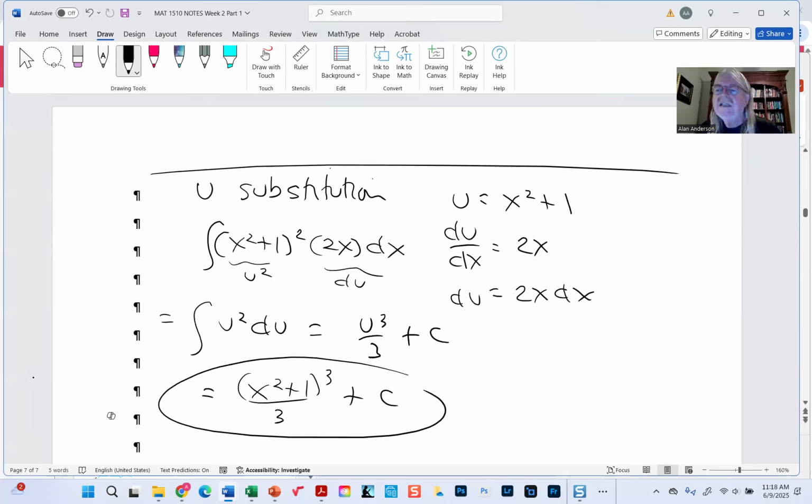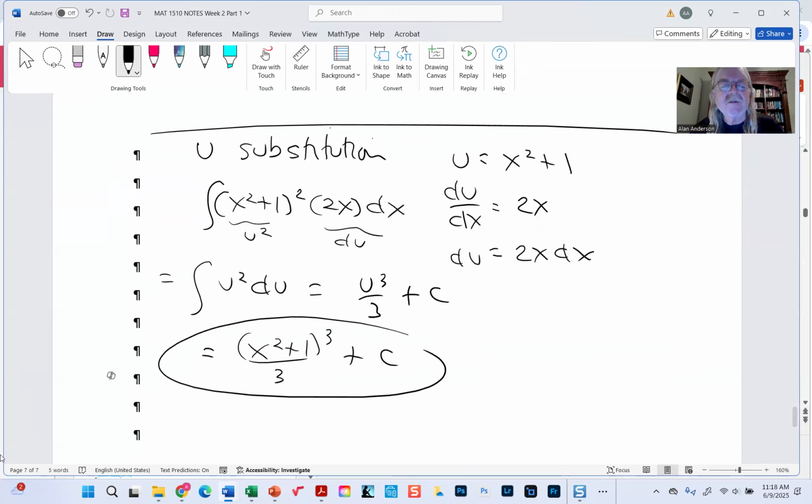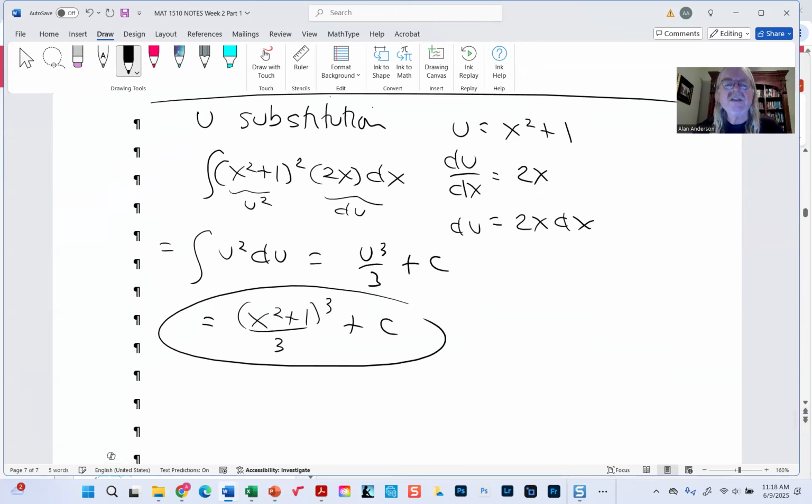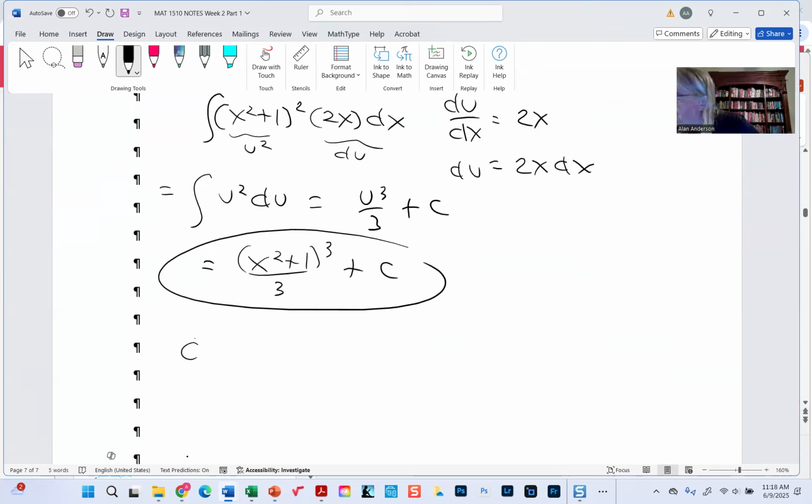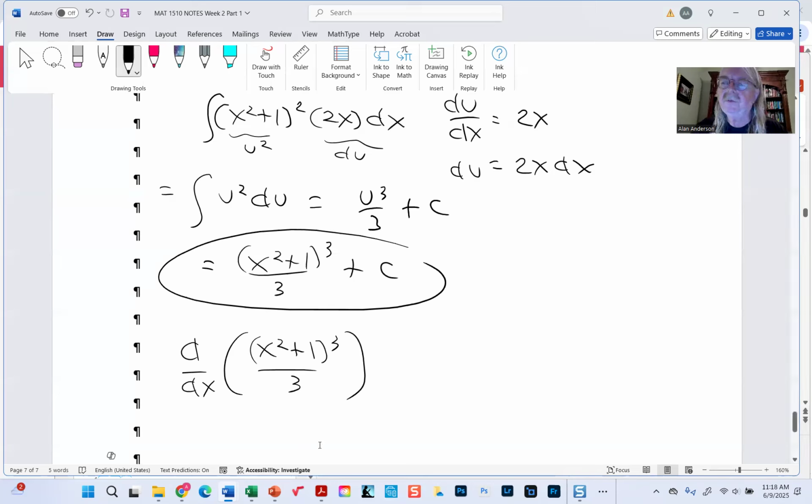Now, by the way, as always, when you integrate, if you're not sure you've done this correctly, you can just double check by taking the derivative and seeing if it brings you back to this original expression. So here, for example, you recognize right away that you need to use the chain rule for this one. You don't need to bother with the c because that derivative is 0, but here in the first case we have x squared plus 1 cubed over 3.